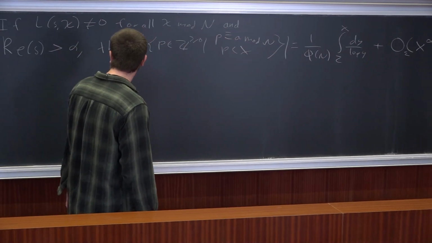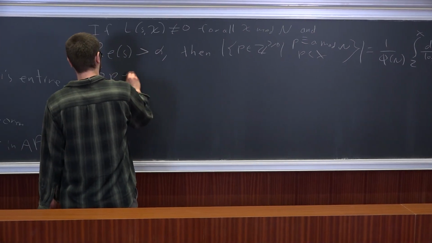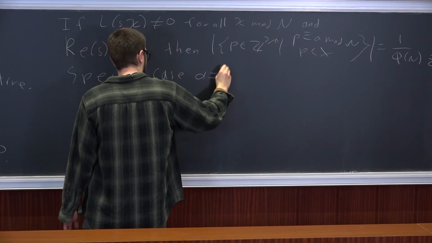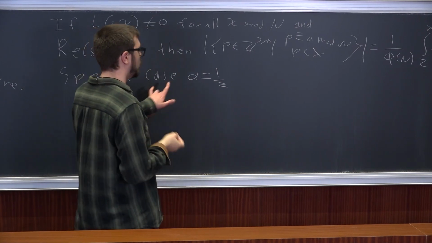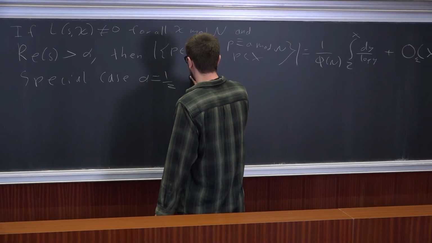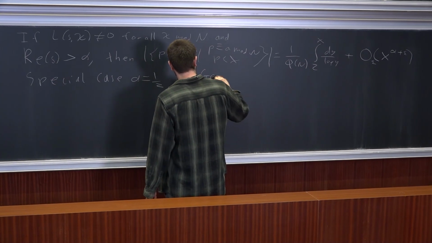And in particular, one special case, the case of alpha equals 1/2, so the case where there are no zeros with real part greater than 1/2, is called the generalized Riemann hypothesis.